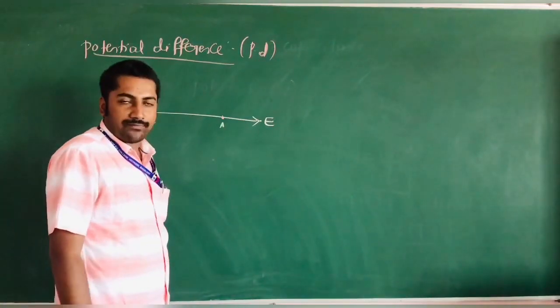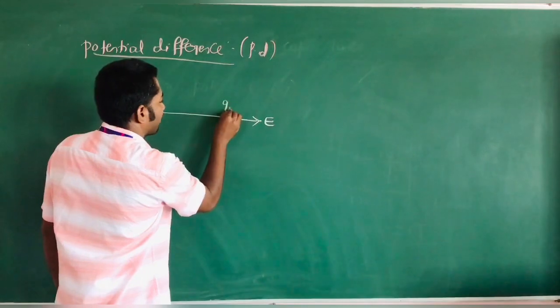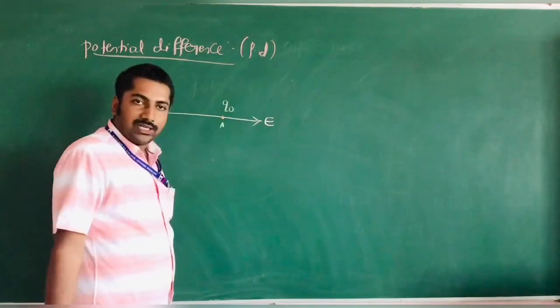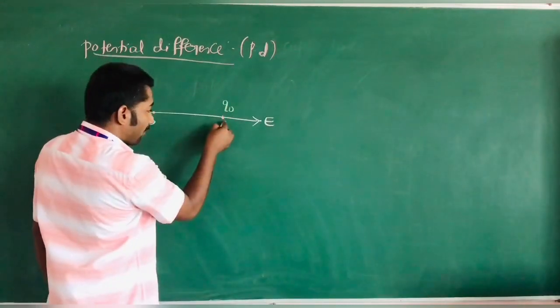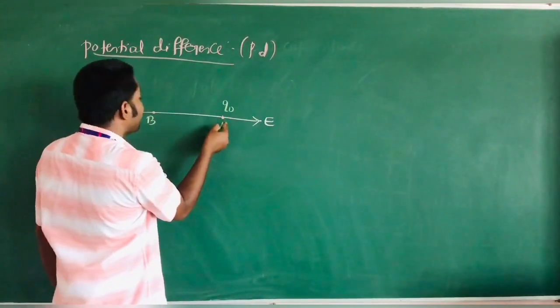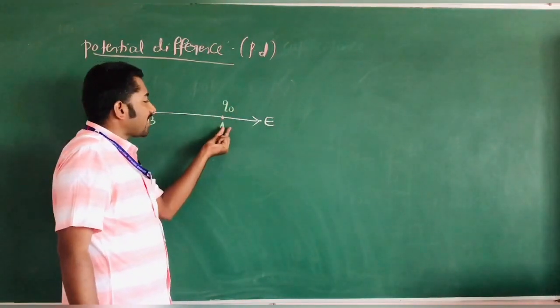Here the unit positive charge is considered at this point. The amount of work done in bringing a unit positive charge from point A to B. Initially the unit positive charge is present at this point.